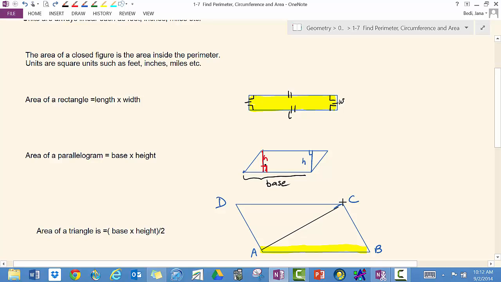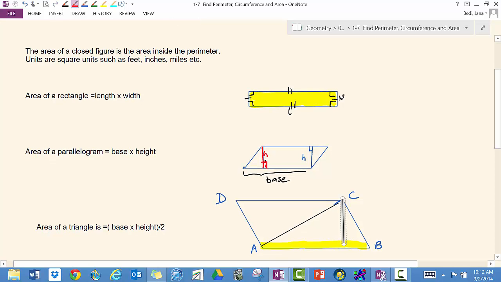So the height goes from vertex C to base B and makes a right angle. This is the height, this is the base. You notice that in this case the height of the triangle, which is also called the altitude, is inside triangle ABC.